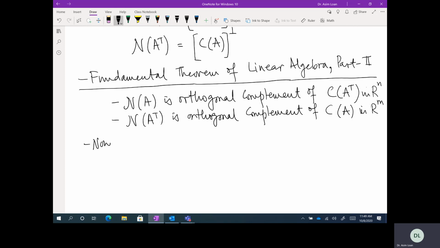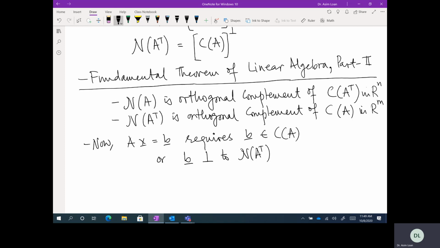Now Ax equals b requires, for this to be solvable, b to belong to the column space of A, or this implies from this definition, b should be orthogonal to the left null space of it. Is this all right?